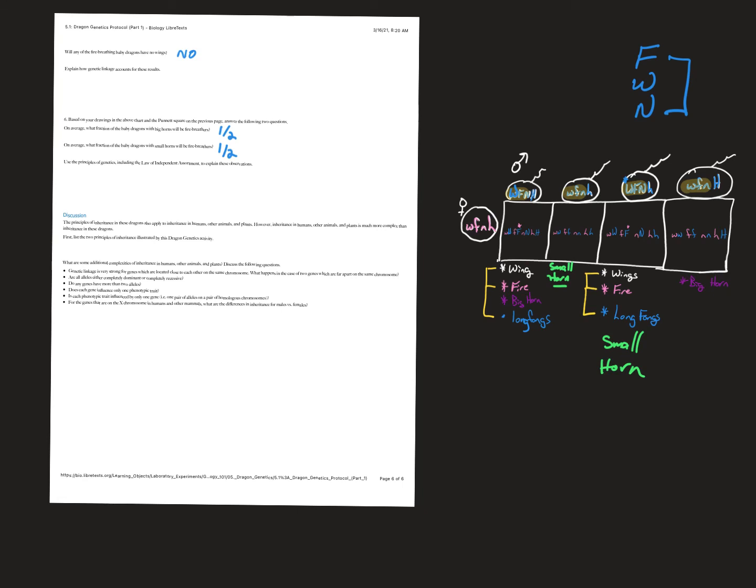So why is it that we only have 1/2 that have small horn and fire breathing? Well, the small horn independently assorts because it's on a separate chromosome.